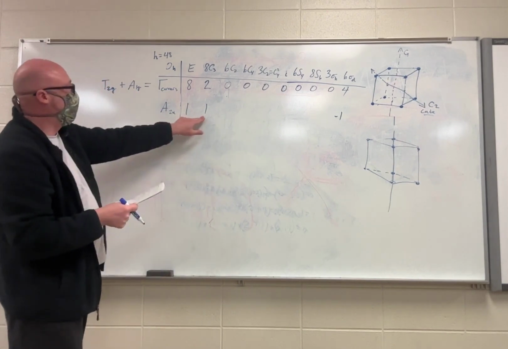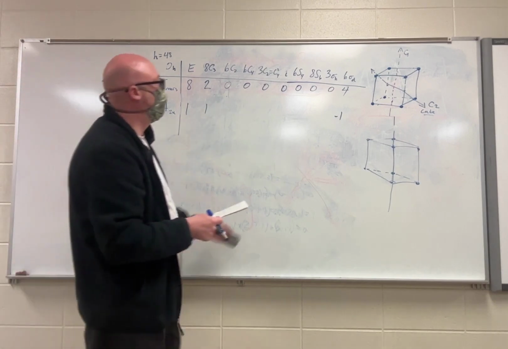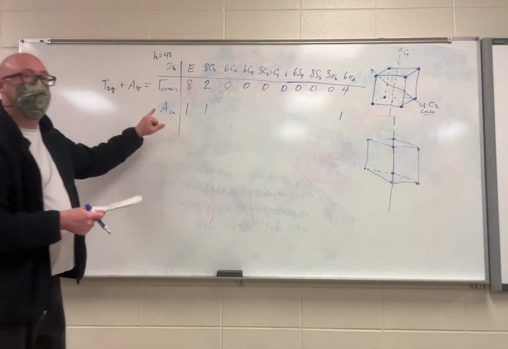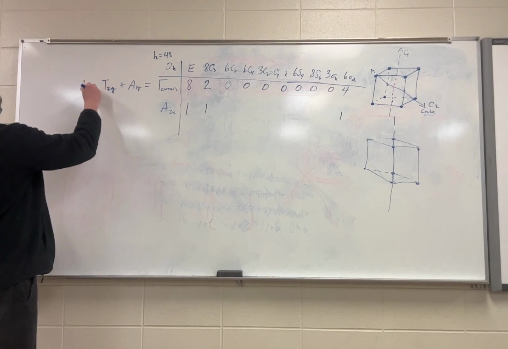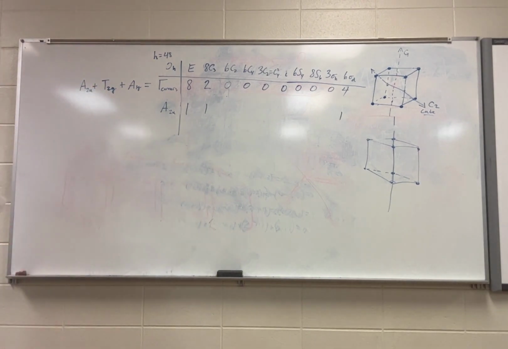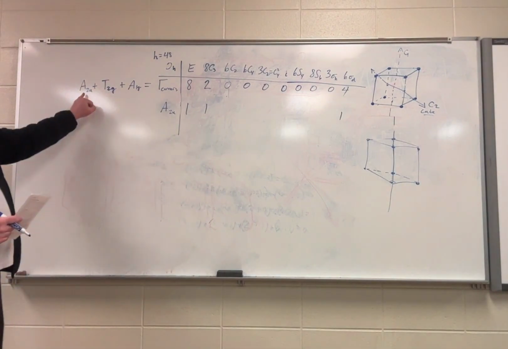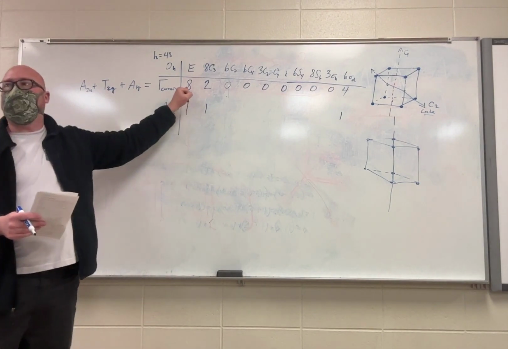The characters here are 1, 1, and then under sigma D, it's plus 1. And now we find that there is an A2U irreducible representation within our reducible representation. So we're up to 5 dimensions out of the 8 we need to account for.